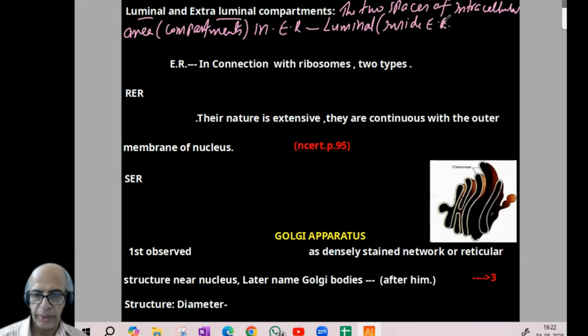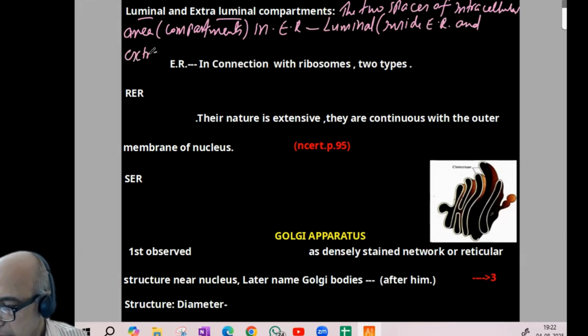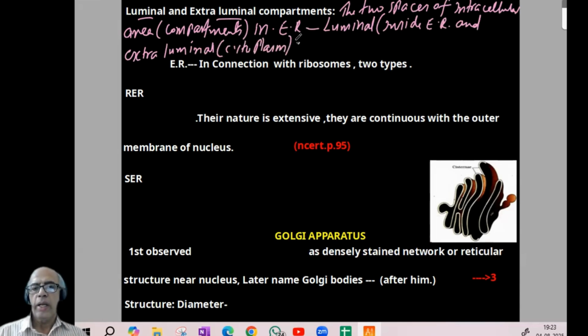Luminal means inside the endoplasmic reticulum, and extraluminal means outside, that is, in the cytoplasm. I think that area is clear. Popular question: luminal and extraluminal.